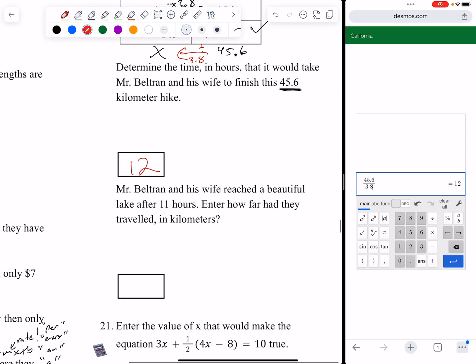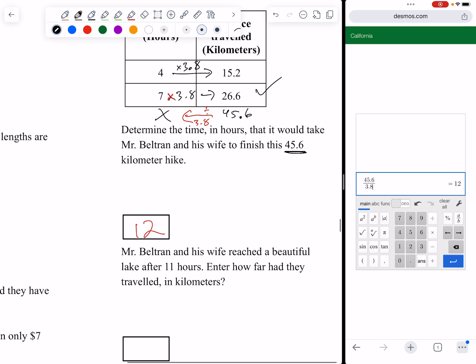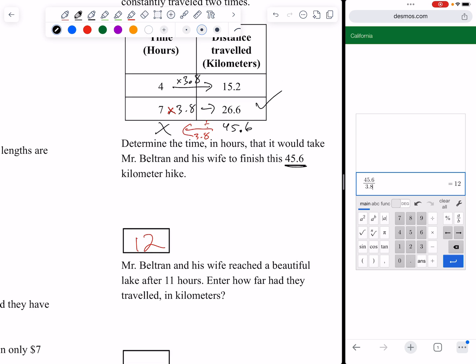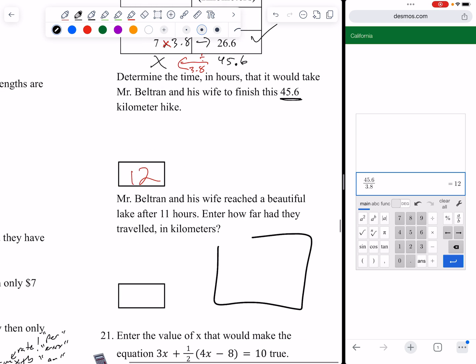Okay, Mr. Bertrand and his wife reached a beautiful lake. It was beautiful. I'll give her that. Okay, after 11 hours. Enter how far they had traveled. Okay, so now it's the same thing, right? So now instead of 12 in my little table, it's 11. So how far did I get there?